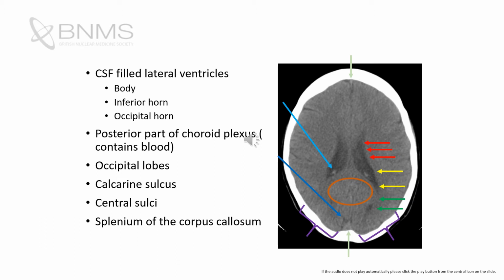The two light green arrows indicate the anterior and posterior aspects of the central sulcus, and again note the high density sagittal venous sinus containing blood. The brown oval shows the splenium of the corpus callosum.